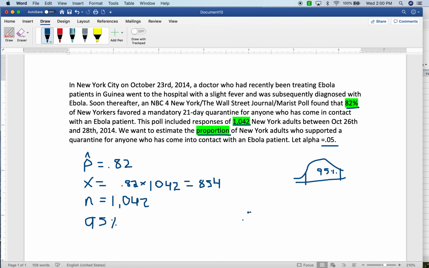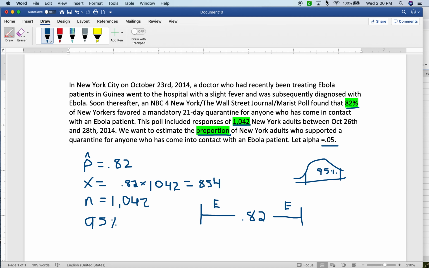Our best estimate is 0.82, so we're looking for an interval that's centered at 0.82. Remember, this is our margin of error, and that'll create our confidence interval. The sample proportion is always going to be exactly in the center of our interval.